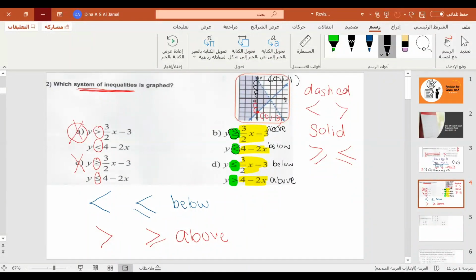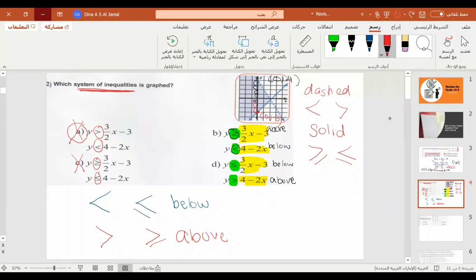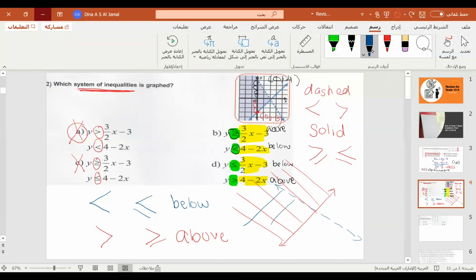Let's check now the shaded area. Let's go to the solid line. So let's imagine that I had this solid line, and the reality is that the shaded was like this. So it is only a sketch. And in general, I get another dashed line, and the shading was like this.